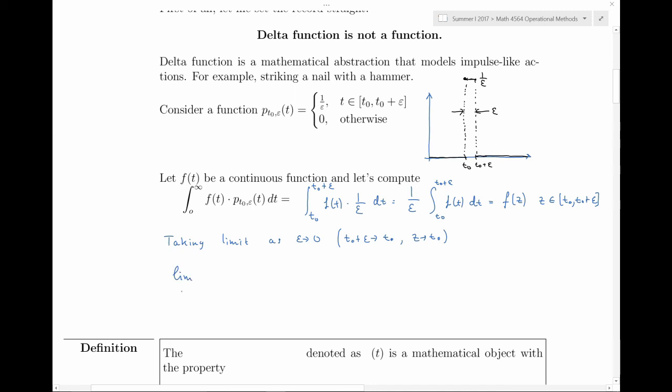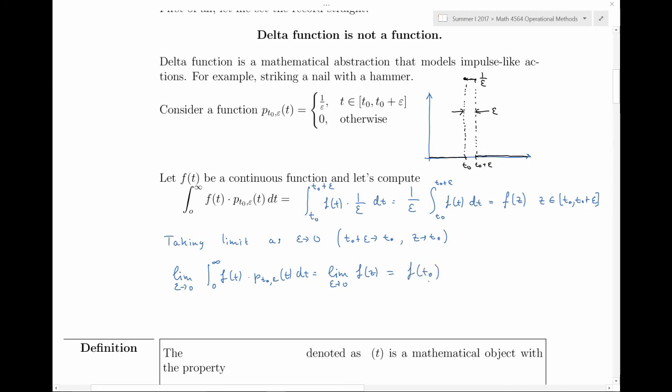Then the limit, as epsilon goes to 0, of the integral from 0 to infinity of f of t times p t naught epsilon is the same as the limit as epsilon goes to 0 of f of z, which converges to f of t naught because f is a continuous function.